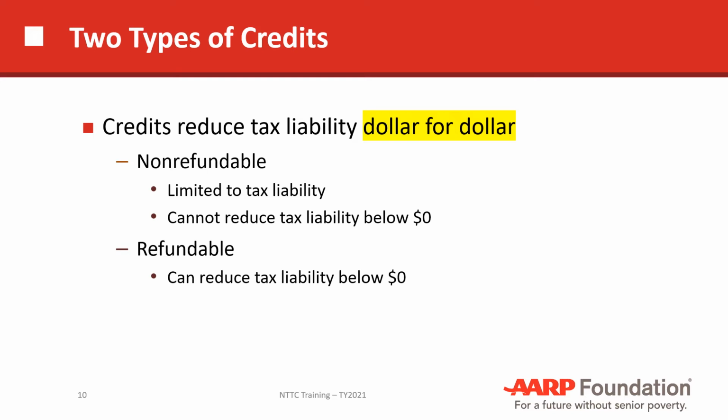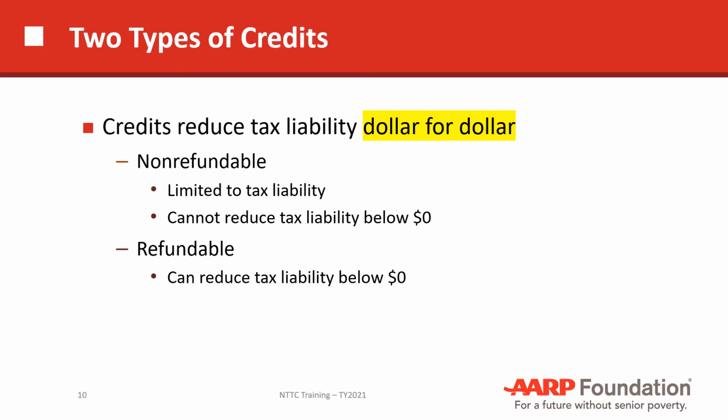Now, an adjustment to income, on the other hand, is based on your effective tax rate. So if somebody had an effective tax rate of, let's say, 5%, and they reduce their income by $1,000, then their effective gain from that adjustment to income is really only going to be $50.